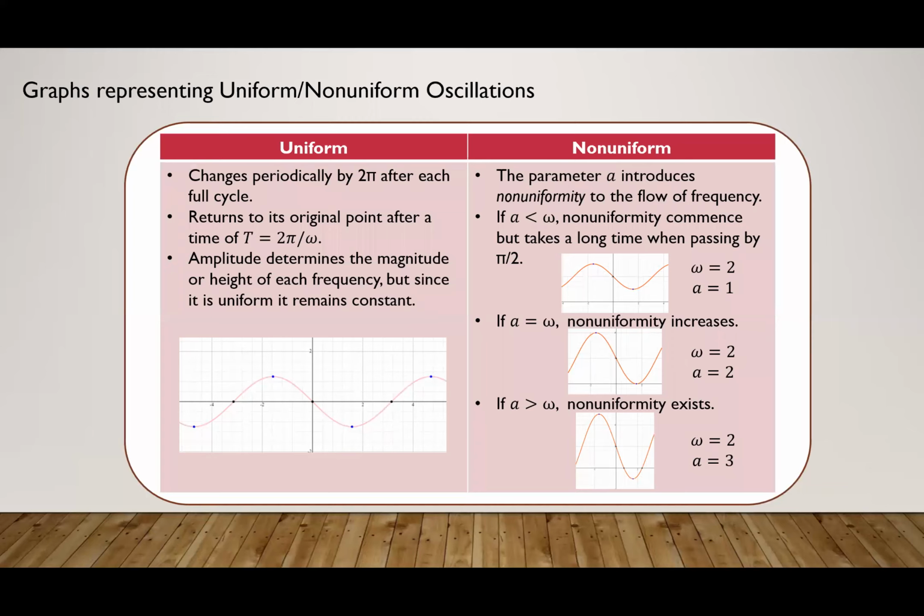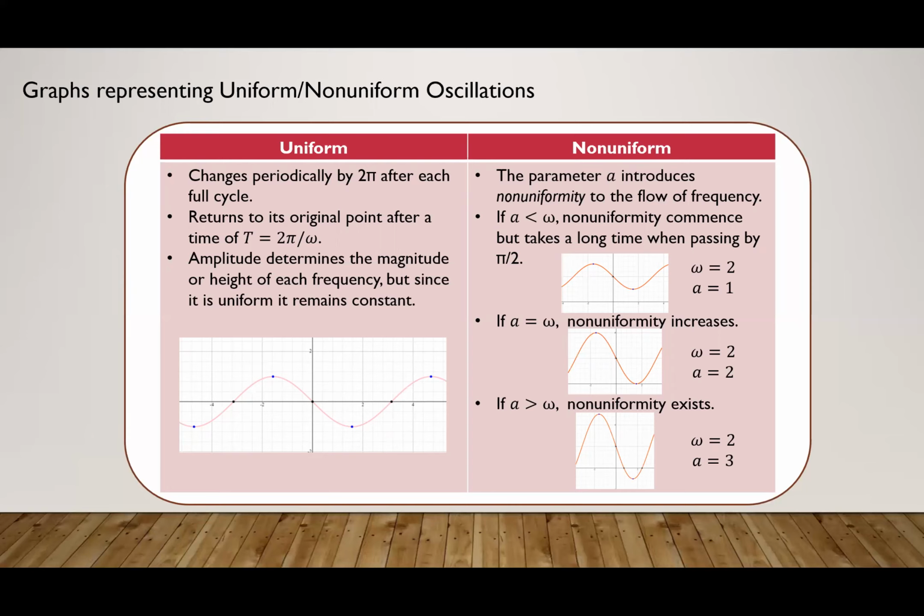Looking at the graph below, if we were to picture two systems, we could see that they oscillate at different frequencies, but come together at the intersecting points created by the axis. Finally, the amplitude determines the magnitude or height of the frequency on the graph, but since it is uniform, it remains constant or fixed.